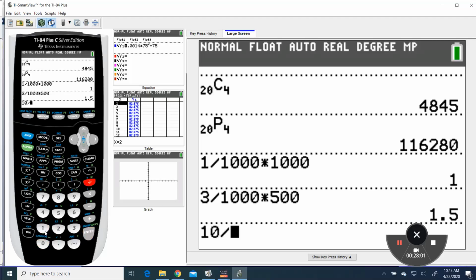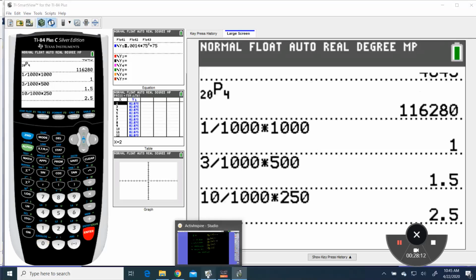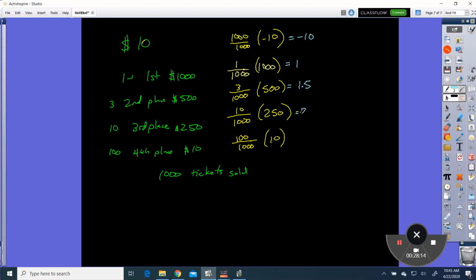10 divided by 1,000 times 250 is 2.5. And this is going to equal 1 as well, because if I cancel off 2 of those zeros, that leaves me 1 over 10 times 10. Well, 10 over 10 cancels off and leaves me with just 1.